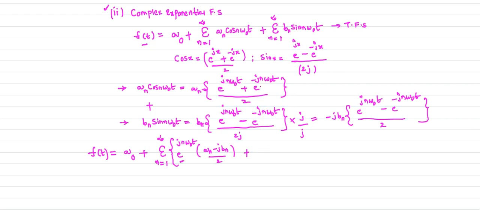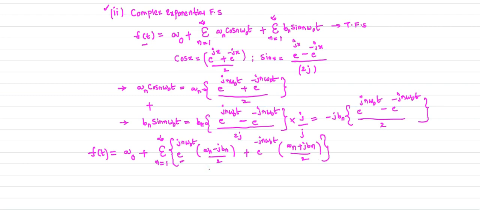Next, if I take common e power minus jn omega naught t, after adding the two expressions, what is left in the first expression? An. What is left in the second expression? It is plus jbn divided by 2. So this is your expression.